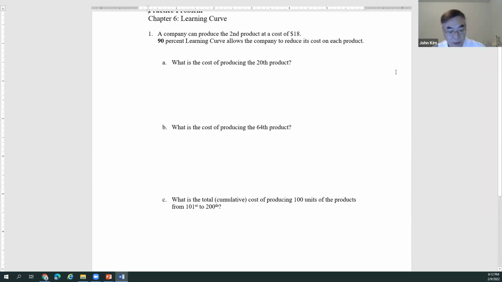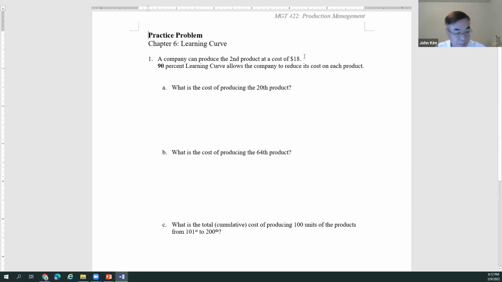After this practice problem, we will go to another set of problems that are previous exam questions. So let's do it together.